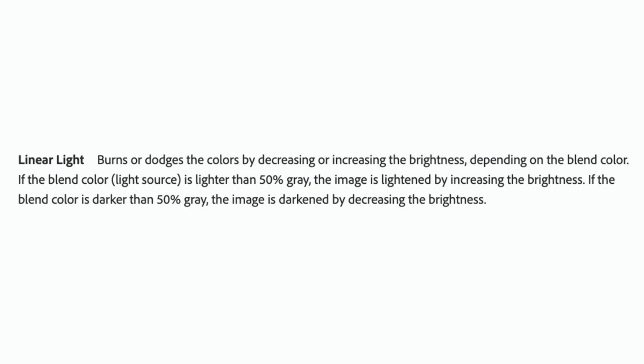Linear light burns or dodges the colors by decreasing or increasing the brightness. So depending on the blend color, if the blend color or the light source is lighter than 50% gray, the image is lightened by increasing the brightness. If the blend color is darker than 50% gray, it is darkened by decreasing the brightness.